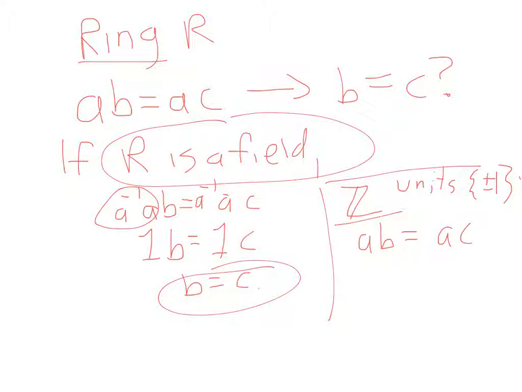Yet, if we have 2 times 3 equal to 2 times x, we know that we can just cancel these off, and we'll get that x is equal to 3. That's going to be true in the integers from what we know from elementary school and high school. But we don't get inverses, so we need to see what is making this happen. Why do we get cancellation?